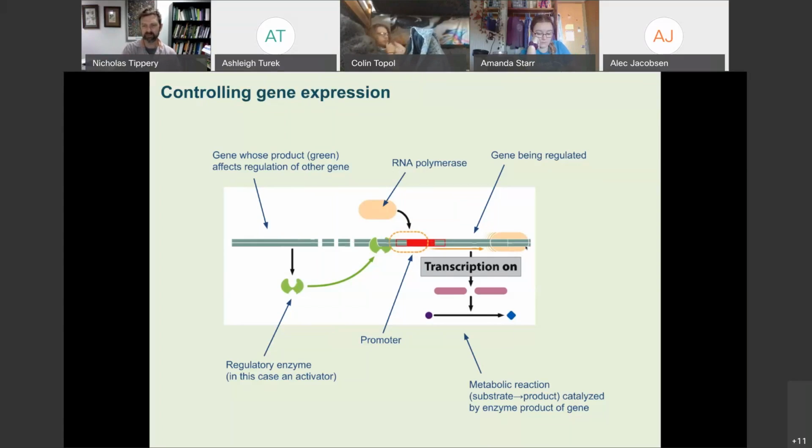And then another thing that's being added in this diagram is that basically the enzyme produced by the gene also causes something to happen. So if you want to get all the way to phenotype, the ability to do a process is sort of the phenotype of the gene. The result of expressing the gene is that this enzyme process happens.